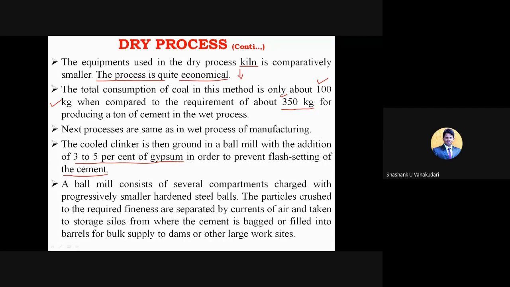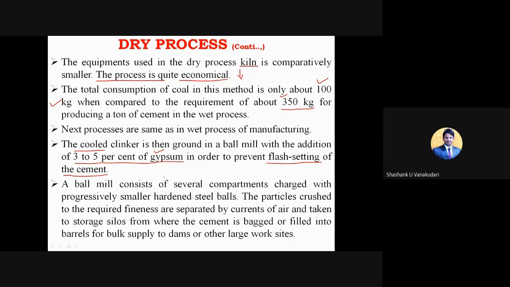Setting time means once you add water to the cement, it gets hardened. To avoid premature hardening, we add additives like gypsum, about 3 to 5%, in order to prevent the flash setting of cement.